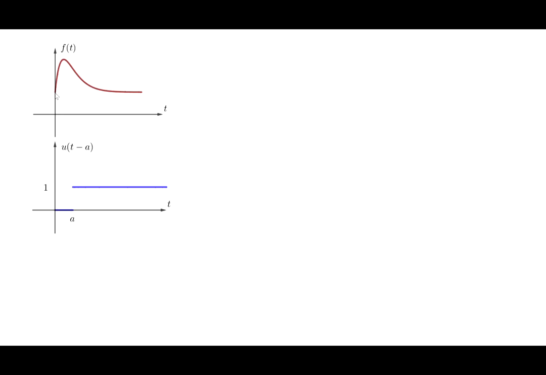That is just 0. Okay, scoot a little bit to the right and come to some t value here. This u of t minus a has a 0 value, so 0 times whatever that is, it doesn't matter, as long as it's a finite quantity, which it is, we get 0.